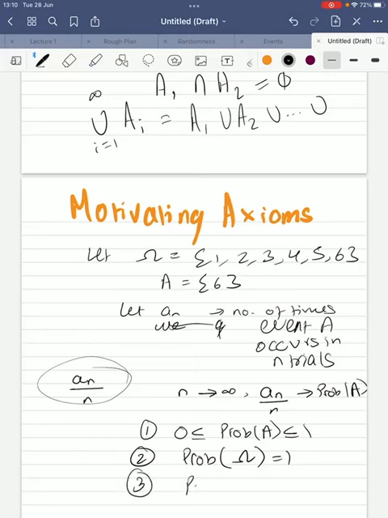And the third thing you can be certain of is that the prob of the empty set is 0. So the empty set can never occur. So say A is the event we roll a number greater than or equal to 7, well, A_n would be 0, and 0 divided by n is 0.